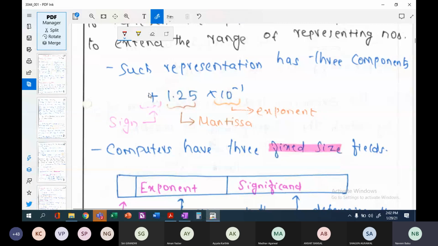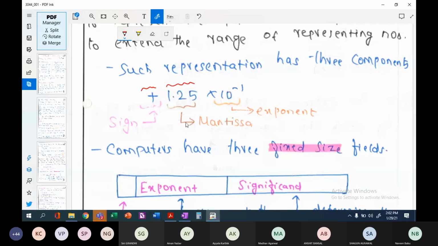That must have a sign bit, that must have a magnitude part, which includes the integer and the fraction part, which combinedly we call a mantissa, and then the exponent part. This will give you a certain range.